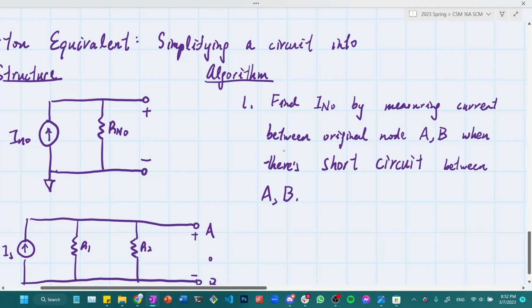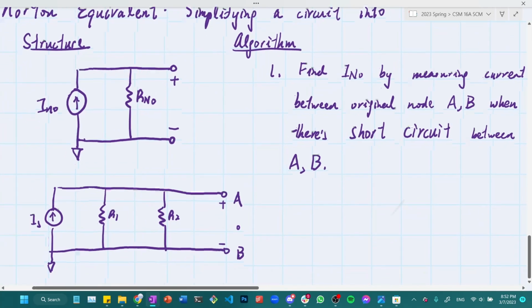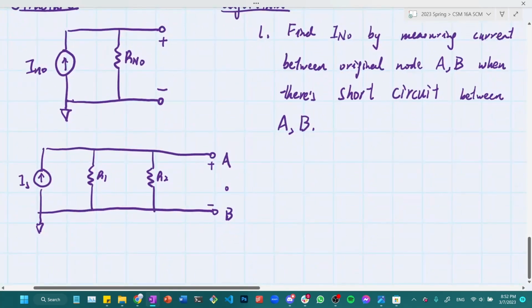When we're calculating for Thevenin, we care about voltage, and we are measuring the voltage across an open circuit, but when we're talking about Norton equivalent, we care about current, and we are measuring the current by putting a short circuit into the original circuit. So we're editing the circuit.